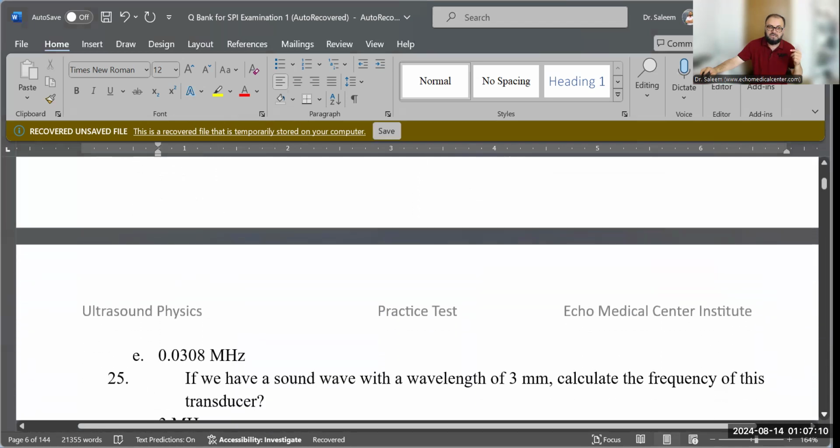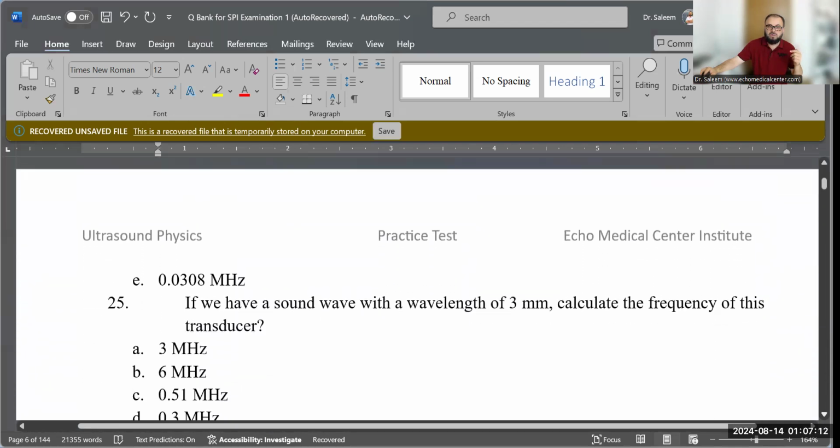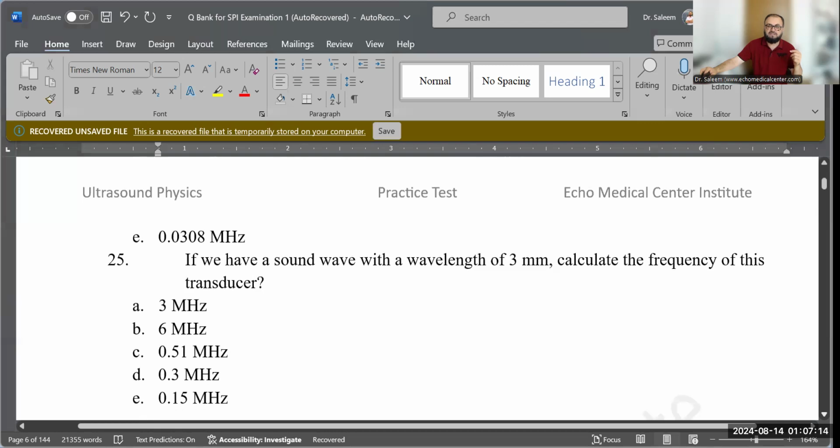So, there was another option too. Okay, so this is question number 25. Let's see what it says. If we have a sound wave with a wavelength of 3 millimeter, calculate the frequency of this transducer. Now, the same formula, almost the same question, but with a little different numbers. So frequency is equal to propagation speed of the sound divided by the wavelength or lambda.